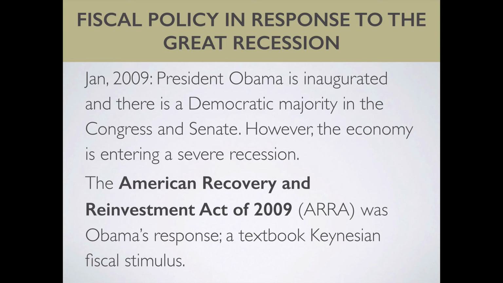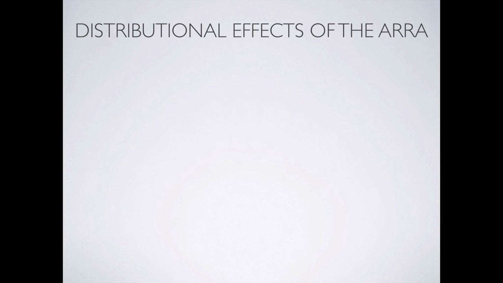So the American Recovery and Reinvestment Act of 2009, that's the ARRA, was Obama's response, and it's a textbook Keynesian fiscal stimulus. It is a large increase in government spending. All right, so we can look at the different distributional effects of the ARRA.